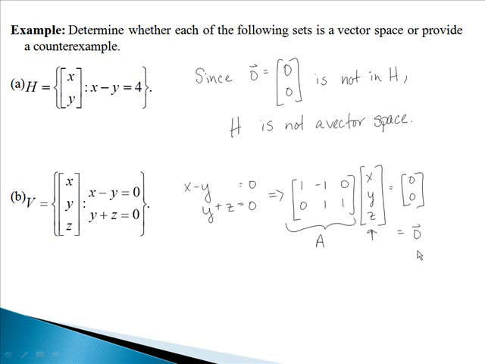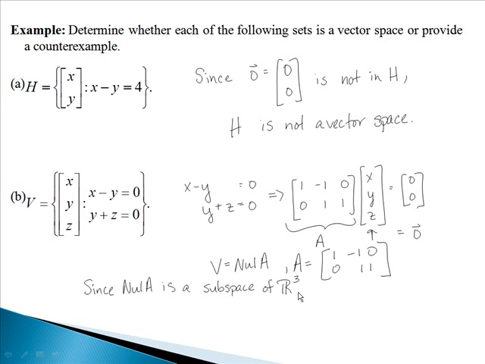So then V is equal to the null space of A, where A is simply equal to this matrix here, 1, negative 1, 0, 0, 1, 1. And since the null space of A is a subspace of R3, because this is a 2 by 3 matrix, then we know that V is a vector space.